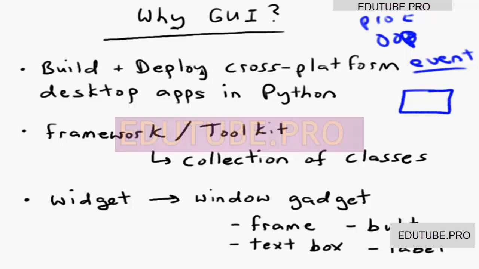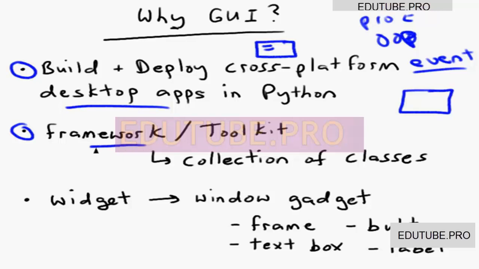Quite frankly, now that we're in the 21st century, I would hazard a guess that most end users are going to want a graphical user interface. Not all of us are science, math, computer science geeks who are really comfortable in a console environment. So that out of the way, we know that we want to build a GUI application. We can build and deploy cross-platform desktop applications in Python using these GUI frameworks or GUI toolkits.